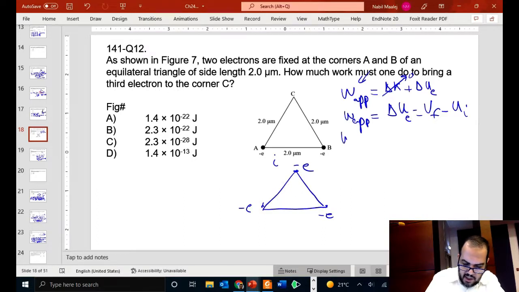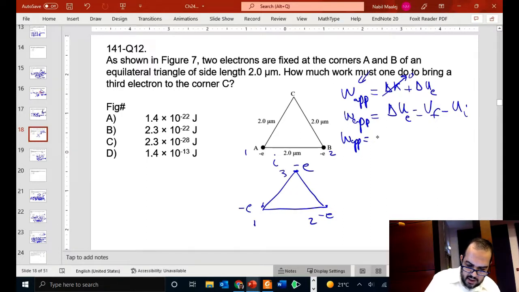Okay, so we can write the work applied is U final minus U initial. For U final, we have 3 charges, so let me call them 1, 2, and 3.